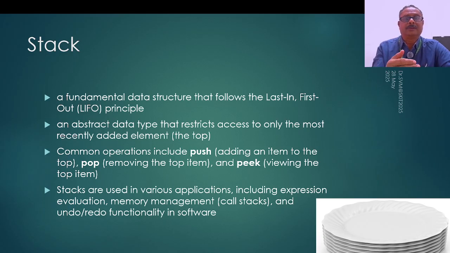If function A calls B, then B calls C, then C calls D, then after D has done its work, it should come back to C. After C is done, it should come back to B. Then after B, it should come back to A. So while calling it is A, B, C, D, but while coming back it should be D, C, B, A. That means it should be in the reverse order. Whatever has come first should come last, or whatever has come last should come first.